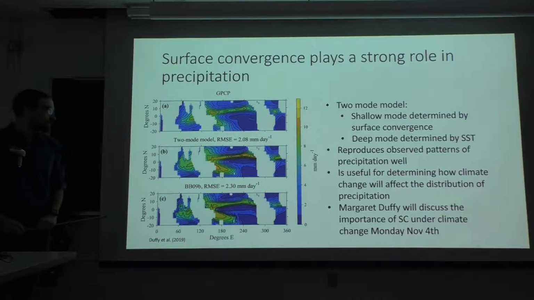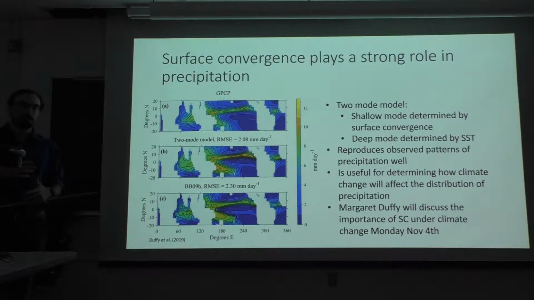One way to see how this affects the system is if you have two modes of convection, a shallow mode and a deep mode. The shallow mode, you say, explains all of the surface convergence, which is caused by the SST gradients.